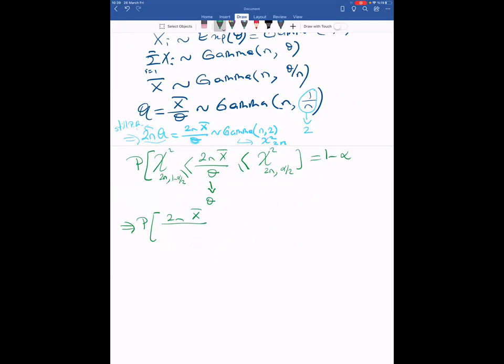So the upper bound for 2n x bar over theta will be the lower bound for theta. So theta here is 2n x bar over chi-square 2n, 1 minus alpha over 2.